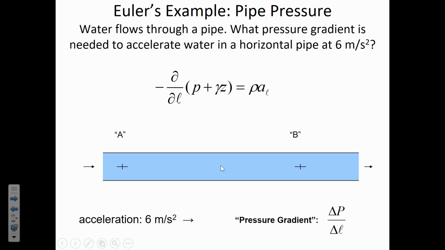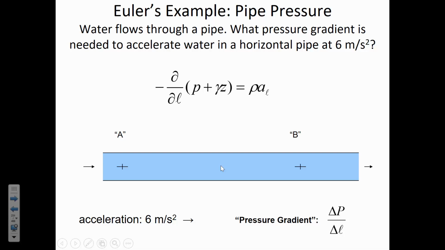And if we look at the units of what we're going to get, it's going to be negative 6,000, and then the units are kilogram meter per second squared divided by cubic meters. Okay, a kilogram meter per second squared, that's the same thing as a Newton.